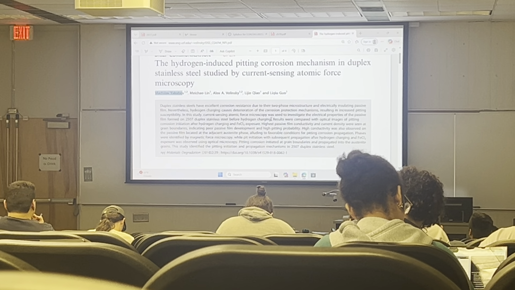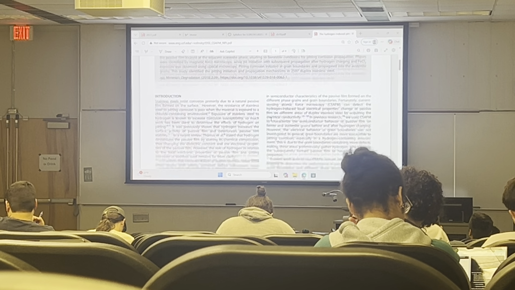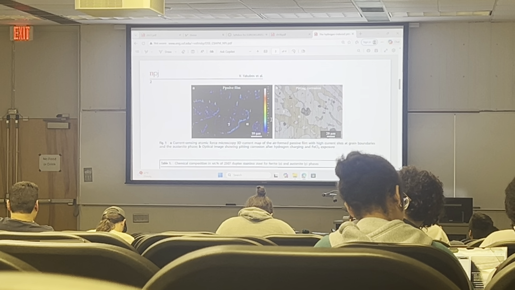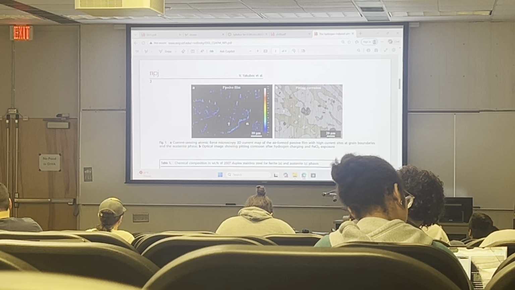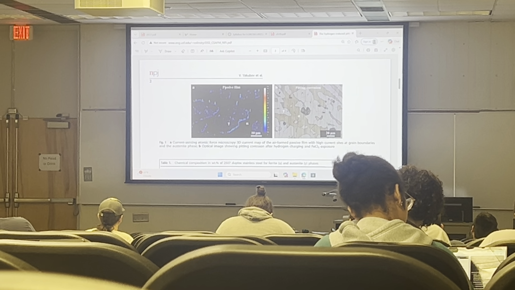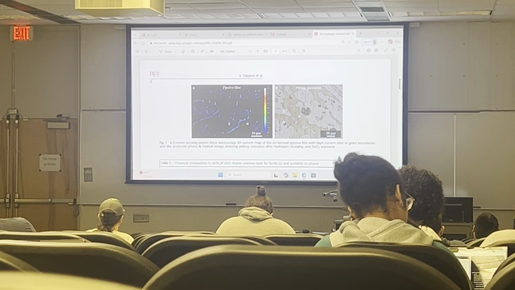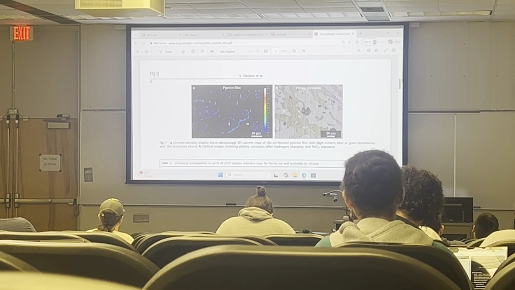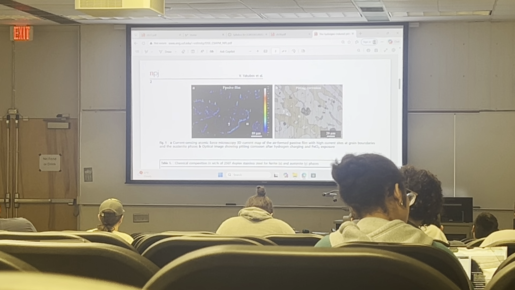Those were the days. This is duplex stainless steel, which has two phases, alpha and gamma. When you look at the corrosion, you can see that the corrosion attack starts here at the grain boundaries of the gamma phase.